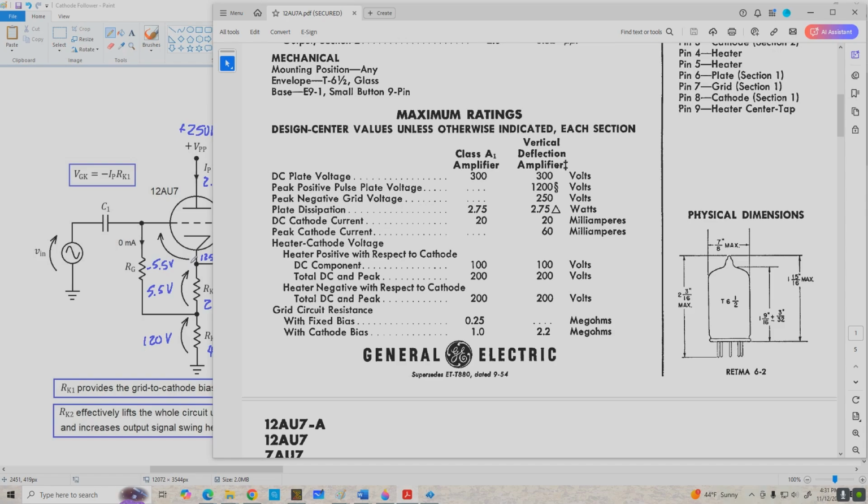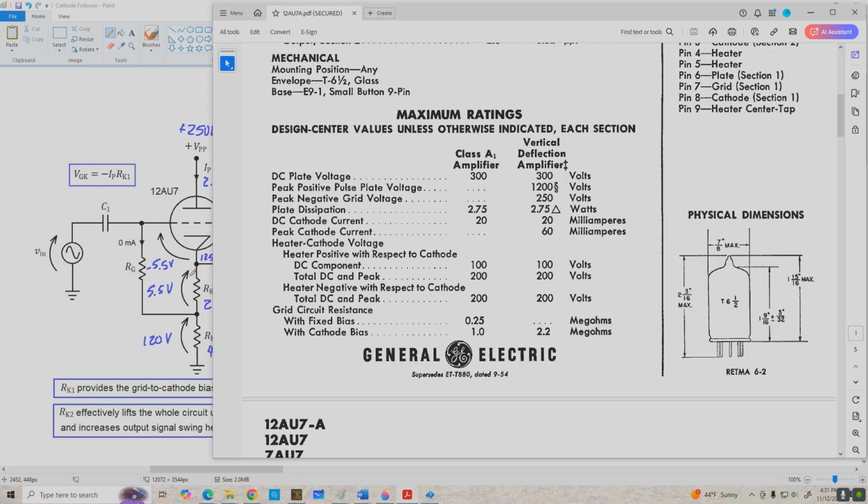In our case, since the heater is at ground potential and our cathode is at about 125 volts, we have a heater negative with respect to cathode, and we have to make sure that we don't exceed 200 volts. What that means is we don't want our cathode voltage to be greater than 200 volts or thereabouts. Now, normally tubes can withstand more than the rated values given here, but just to be safe, you wouldn't want your cathode voltage to be greater than 200 volts.